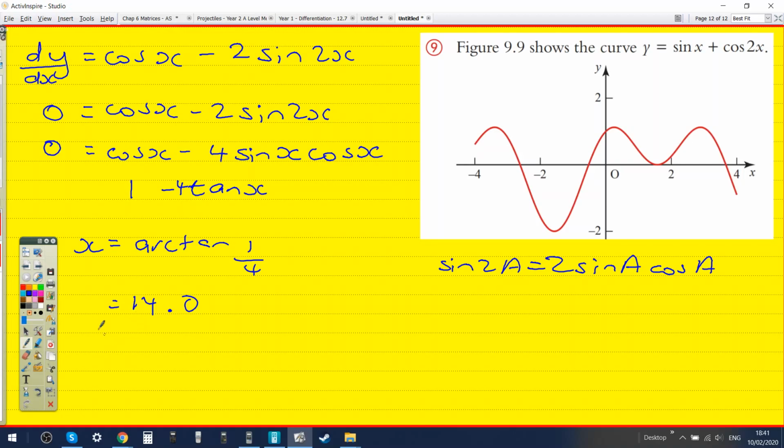Which seems a bit unreasonable. No, go on. What was it? So 14.2. How do you get a second answer for tan? Do we still look at it in terms of tan? Yep, we converted it to tan.